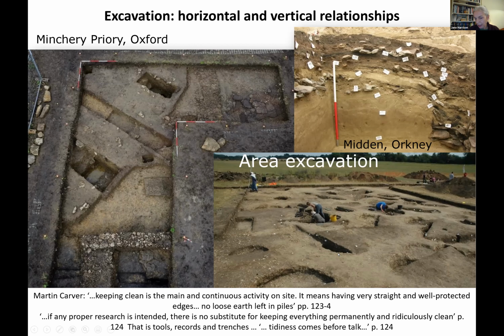So we're combining vertical and horizontal. And here you see, again, in an area excavation, a deep section through a very deep midden in Orkney. So again, a combination of open area, horizontal, and deeper digging in order to look at vertical sections.